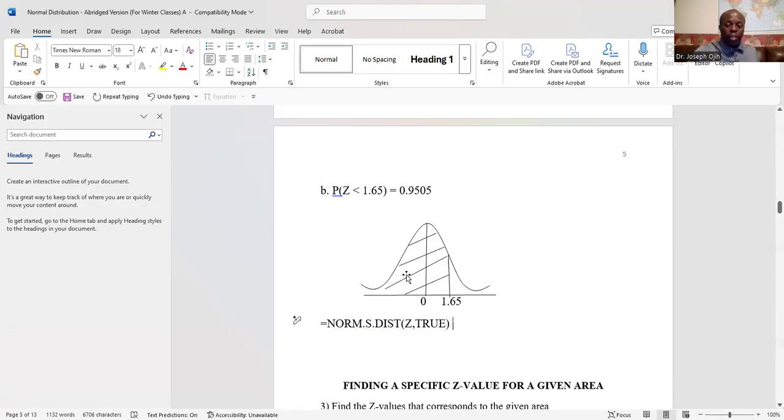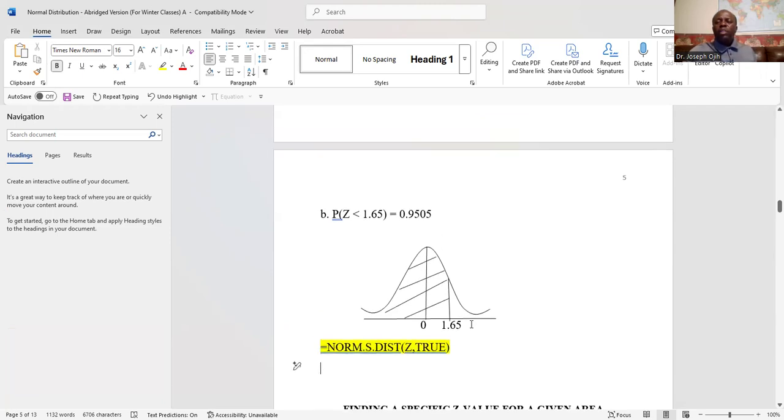When your diagram looks like this, this is what you're going to use. Before I do the next one, any question on this? Hello, guys, does anybody have a question on this? No? Okay, good.